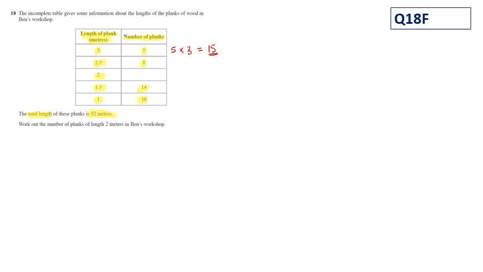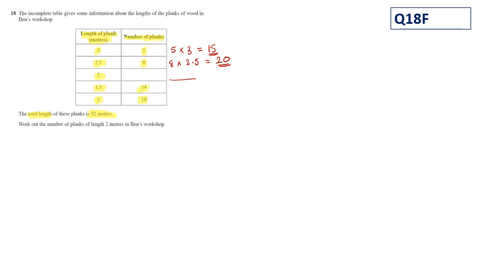The second row, I've got 8 times 2.5. I can put that in my calculator if I'm not confident with multiplying that mentally. And the answer to that is 20. I can't do this one because I don't have the number of planks.